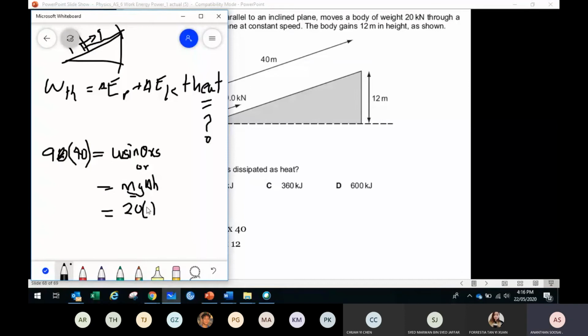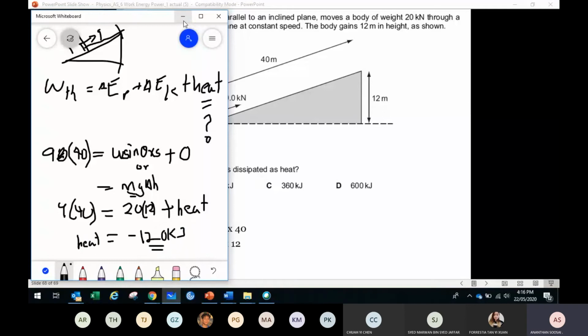Vertical height. So 12. Plus kinetic should be 0, because of constant speed, no gain in kinetic energy. So that means it's equal to heat. So 9 times 40 and your heat you get is how much? The heat you get is negative 120. You got negative 120 kilojoule.